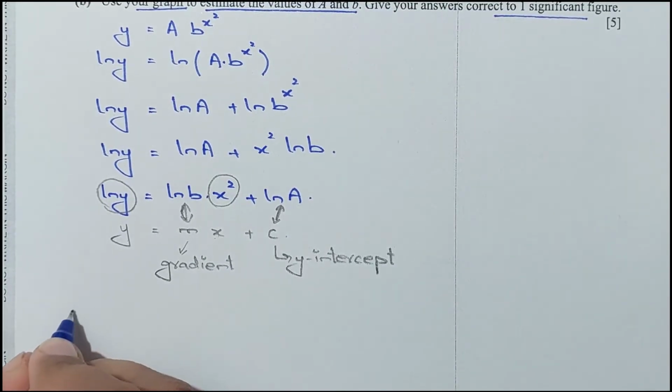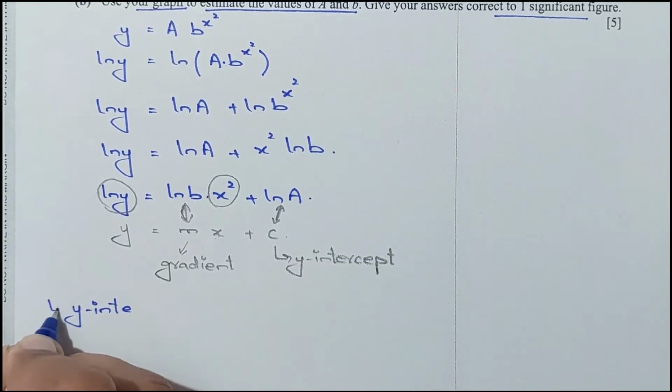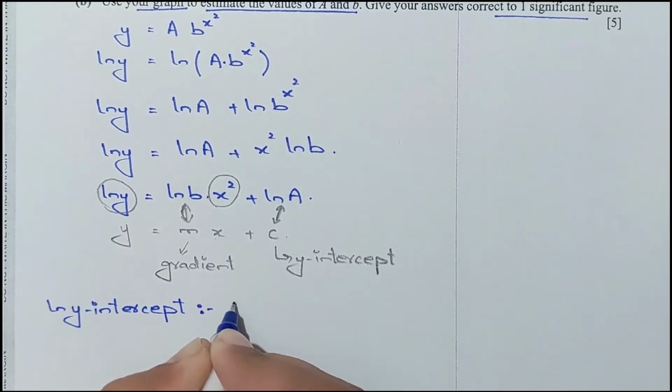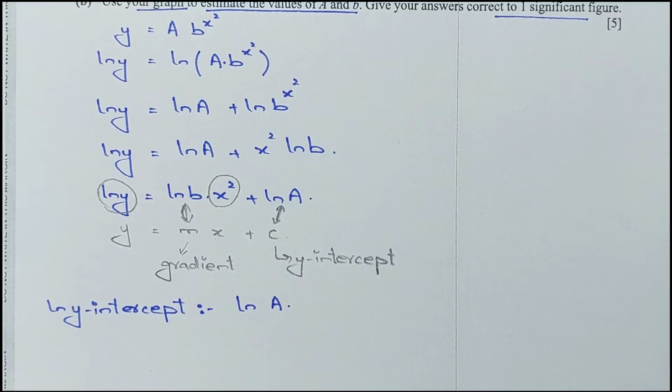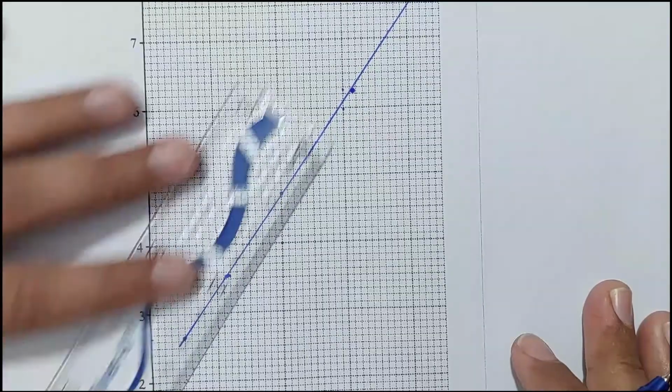Okay, so now my y-intercept, ln y-intercept basically, this value is my ln a. Let's see, we have to use our graph, right? So let's find out the intercept.